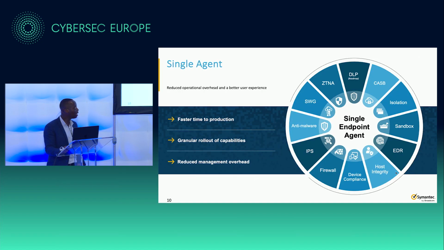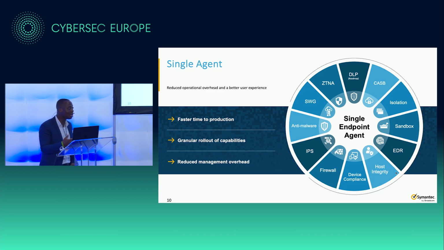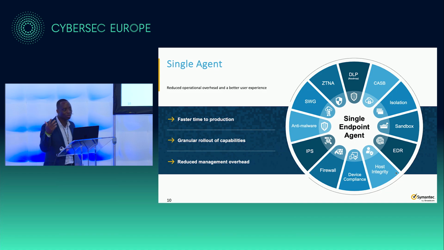So single agent means a single agent which offers several capabilities. You don't need to install several agents on your endpoint to have access in a secure manner. If you're only looking for the secure web gateway, we offer the access through WSS, and it's the same agent that we are going to use. We can use it for the ZTNA access.